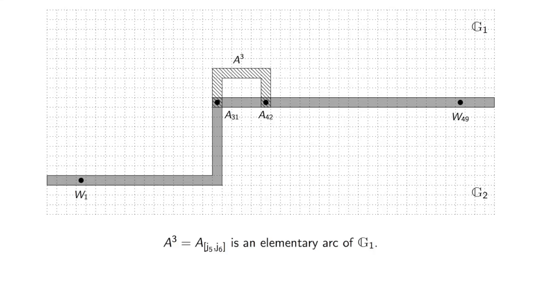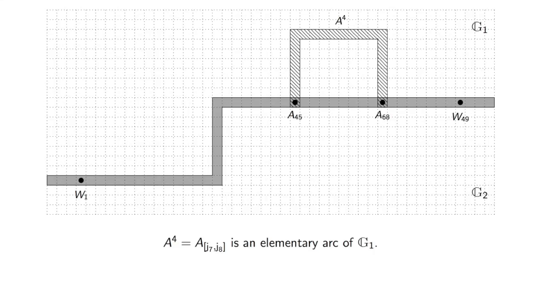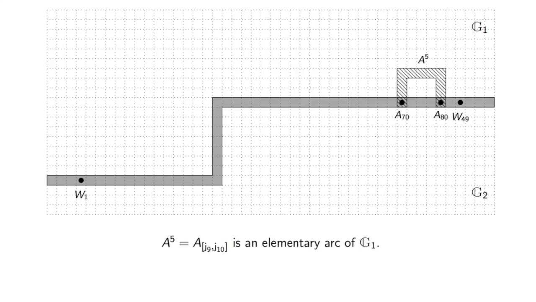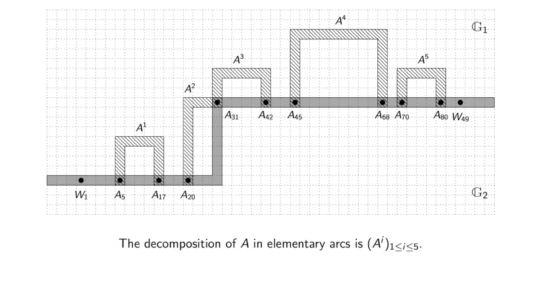This segment is an elementary arc of G1 called A3. Consider the segment of A from index J7 to index J8. This segment is an elementary arc of G1 called A4. Consider the segment of A from index J9 to index J10. This segment is an elementary arc of G1 called A5.